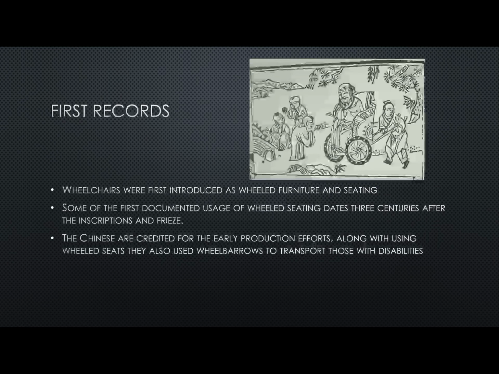So in the first records, wheelchairs were introduced as wheeled furniture and wheeled seating. That's what they were referred to as. But some of the first documented usage of wheeled seating dates 3 centuries after the inscriptions and friezes, and the Chinese are credited for the early production efforts.